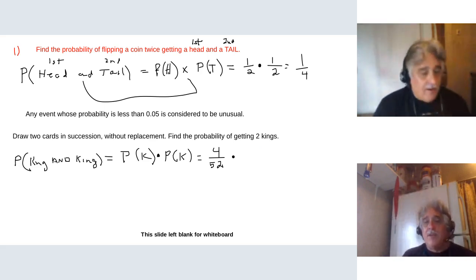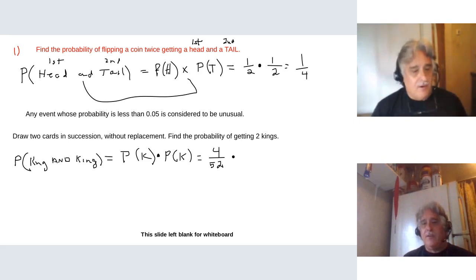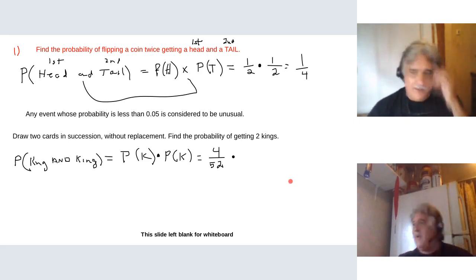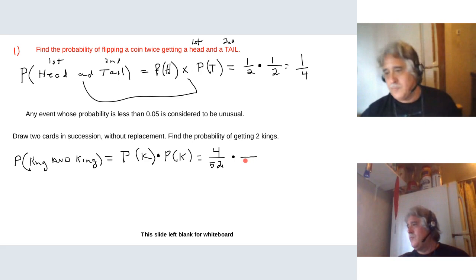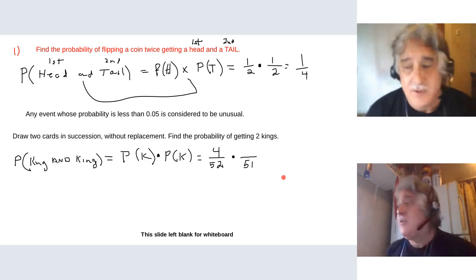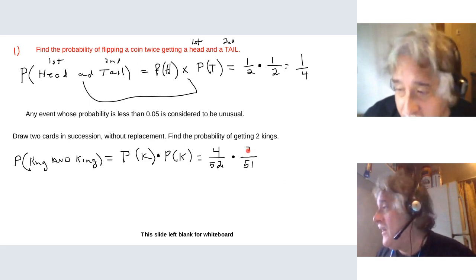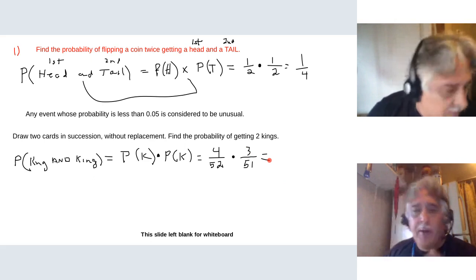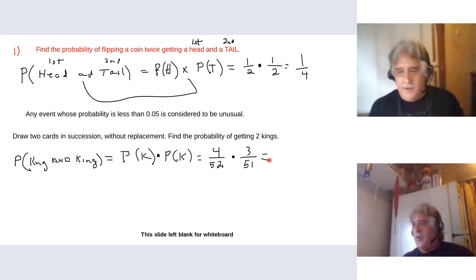And also, there's no longer 52 cards in the deck because they say without replacement. There's now how many? Without replacement. In other words, there's 51 cards in that deck now. Now, if we need 2 kings, then there has to have been one already taken. So there's also not 4 kings, there's 3 kings. So then that's when we have conditional probability or not independent events.